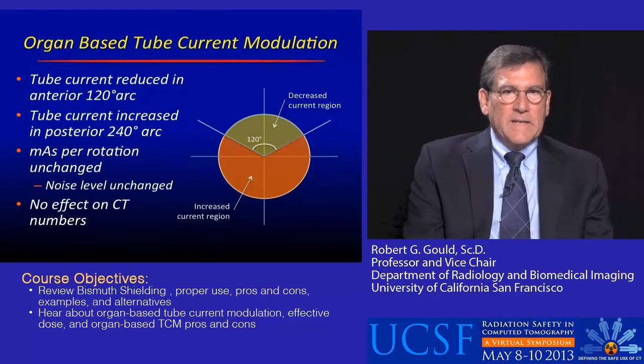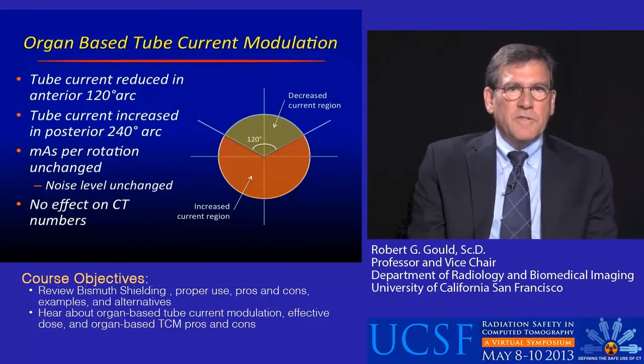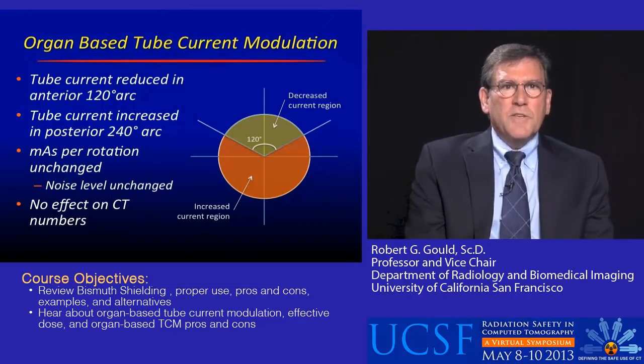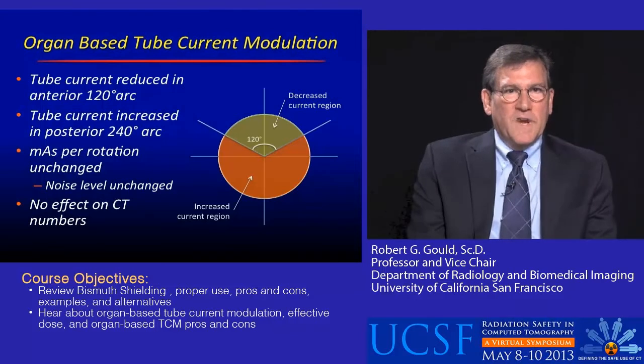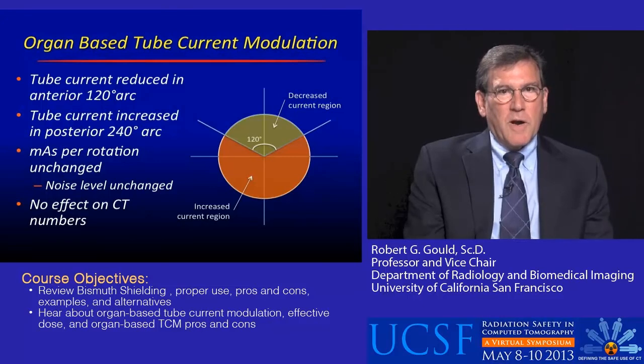However, in practice, the constraint of 120 degrees is a serious one. So while it may work for some patients, for example, the one shown on the left-hand side, as you look at the slide, that would be a good match between where the breasts are.